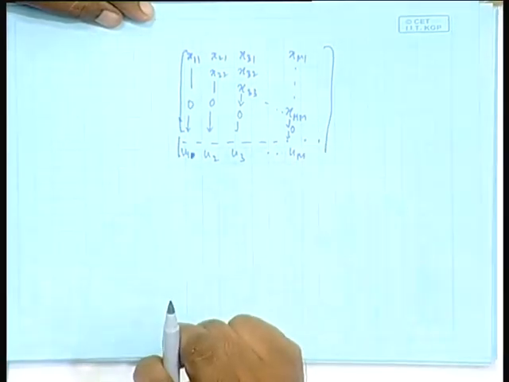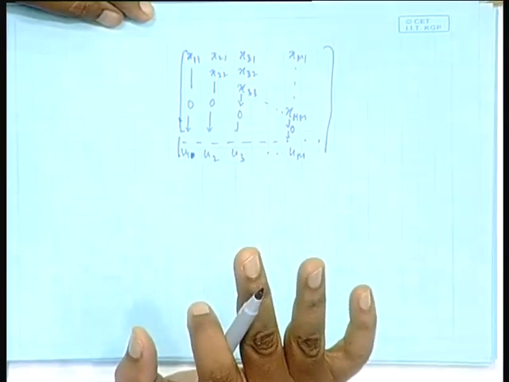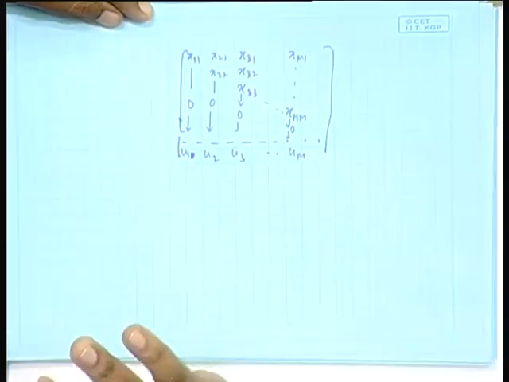Suppose this is a matrix, coming some way. How it comes, we will see in the adaptive filter context.